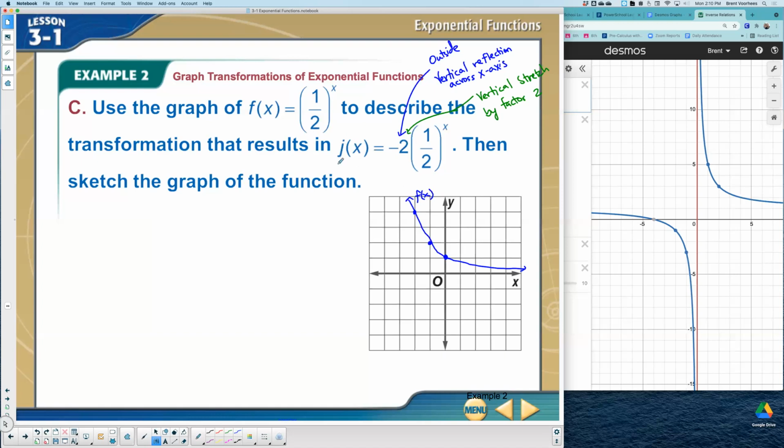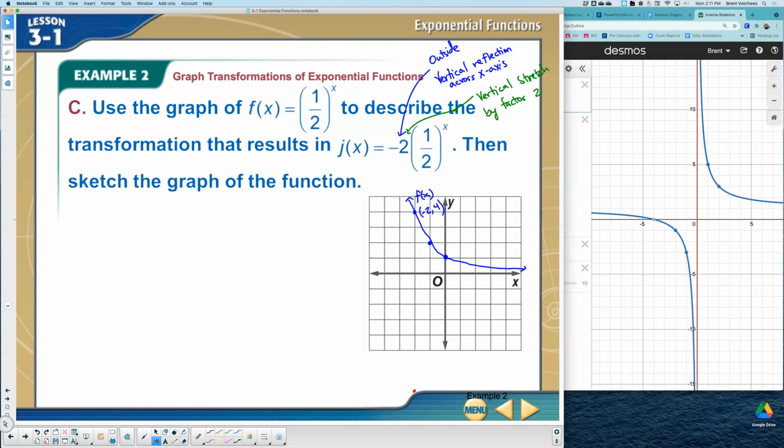The graph of j of x, you would reflect it across the x-axis, and stretch it by factor 2, which just means all y values get multiplied by -2. So this point would go down to be -8. So if that point originally was left 2 up 4, it's now going to be left 2 down 8. So that's 5, 6, 7, 8.